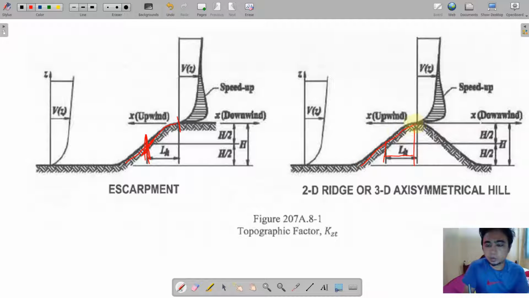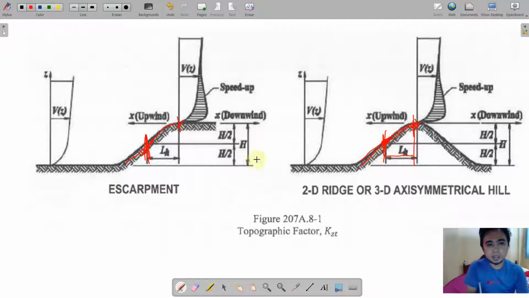Okay, so this is our slope. Take the half of it, that is the LH. It is measured from the top. Okay, so for the height, just measure from the ground up to the top of the hill, that is H, and then just divide that H over 2. That is the reference for LH.